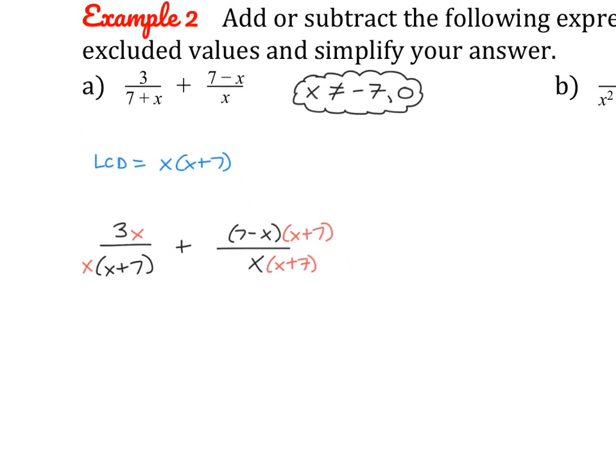All right, so now these two expressions have the same denominator, so that means that we can add the numerators. So our denominator is now x times x plus 7, and then our numerator becomes 3x plus 7 minus x times x plus 7.